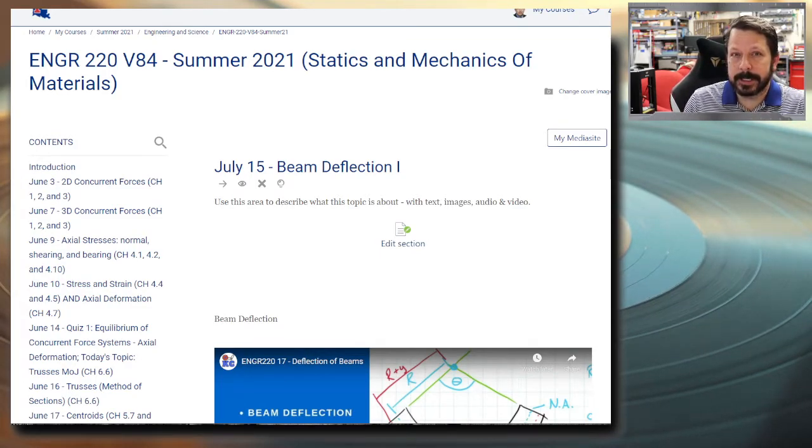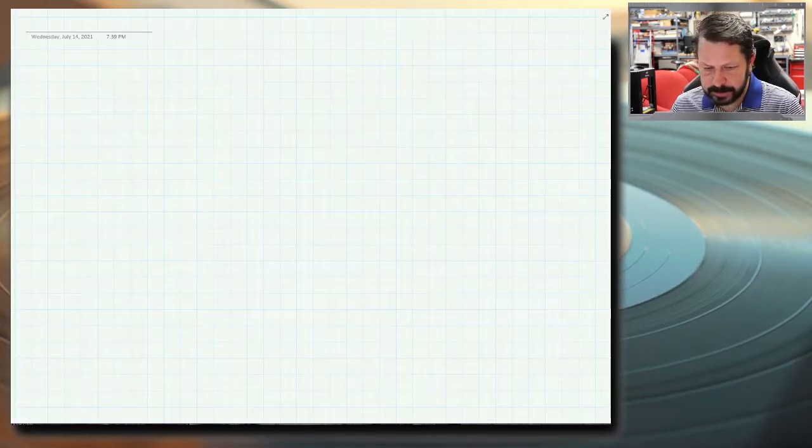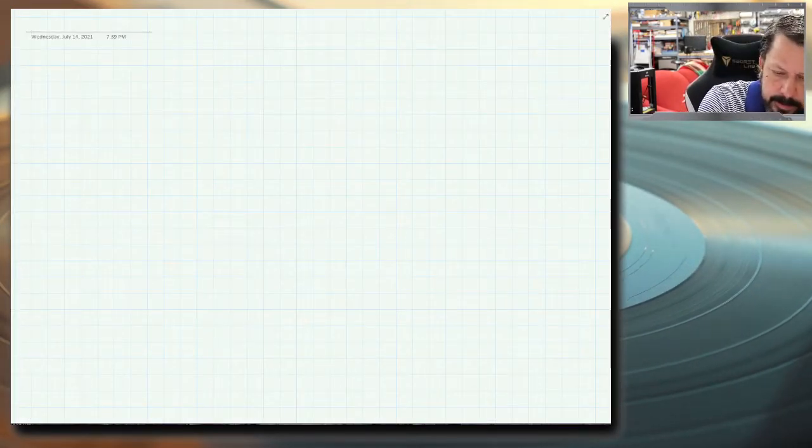There's similar things for beams, and a similar way to take several simple cases and combine them together, superimpose them on one another to create more complex situations. So why don't we start with this beam deflection.